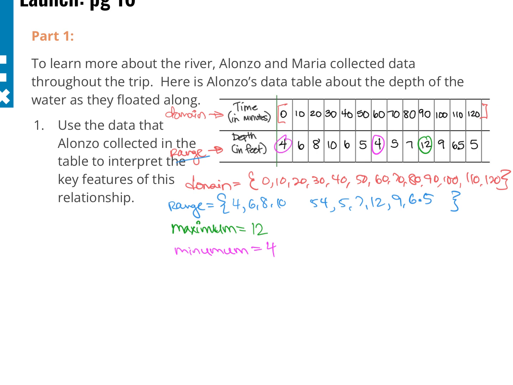We also want to find out where it's increasing and where it's decreasing. And again, we're looking at the y values. Let's put this in blue. So notice how this is increasing. And then notice how the y values, this is decreasing.